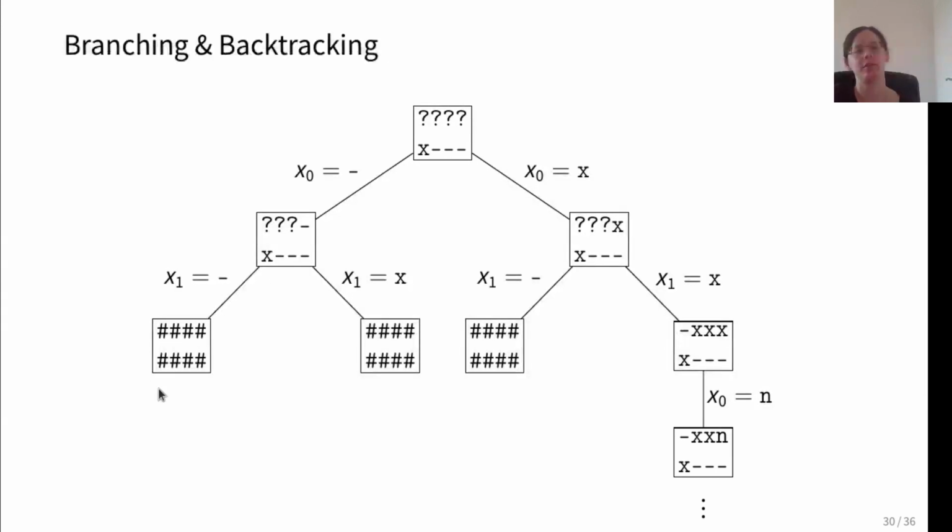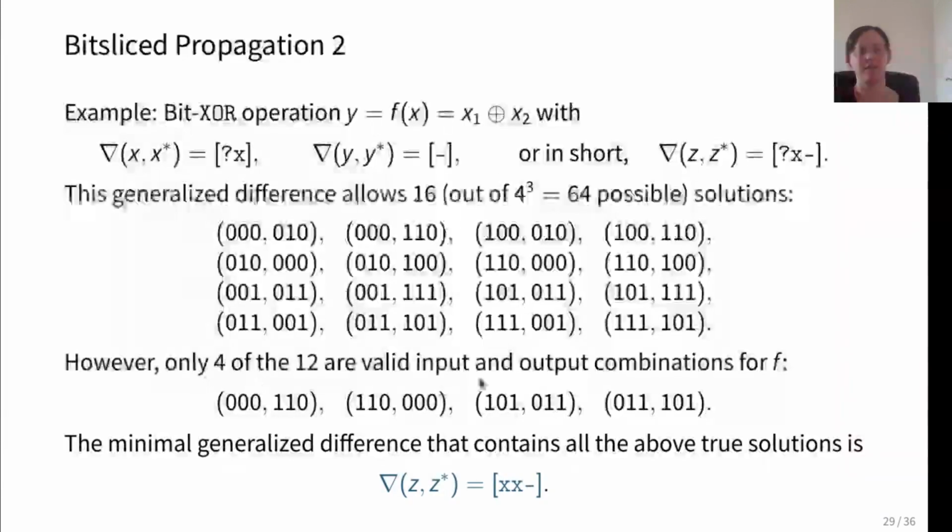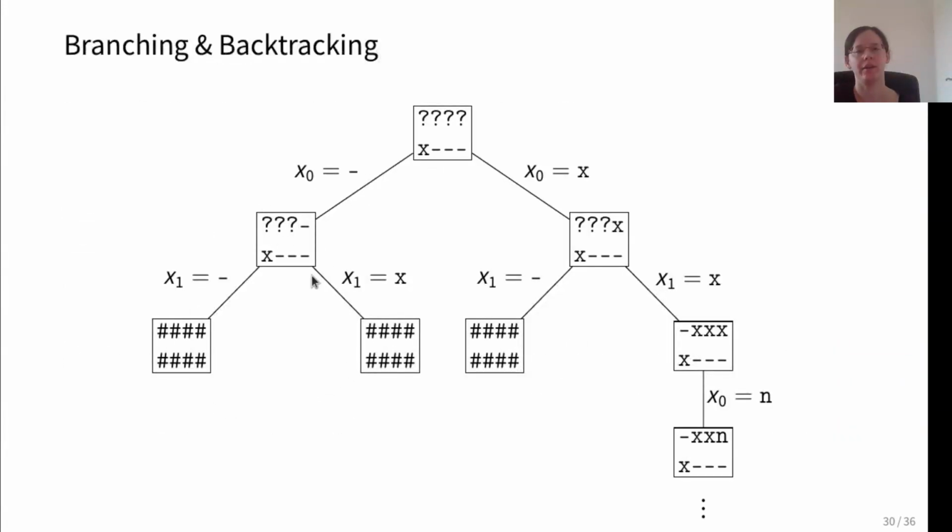And whenever we run into a contradiction, which means if we run into the case that none of the remaining solutions is actually valid, then we need to backtrack and then always try the alternative option. So for example, if setting the 2 bits to equal didn't work, then alternatively we need to set them to a difference and keep going.